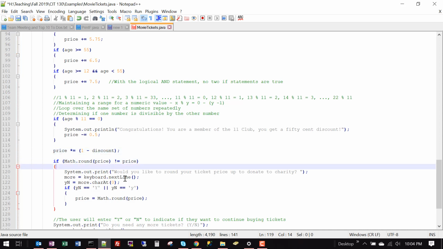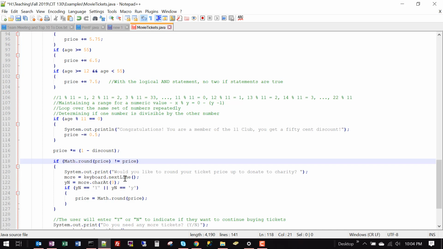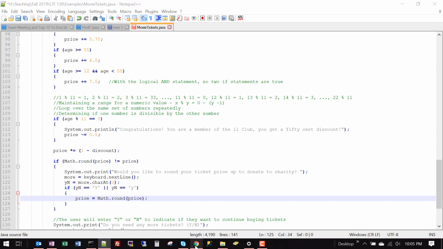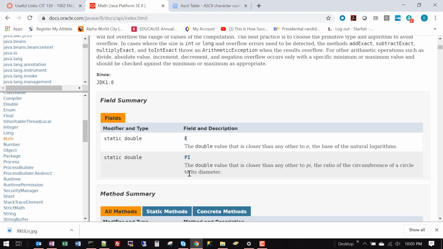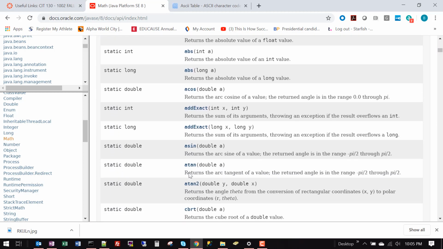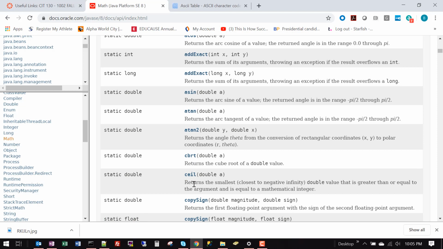One of the things that's interesting is now round could go either way, up or down. So how do we deal with that? If we go back to our math class, in addition to round, we'll see that we have another one called ceil.